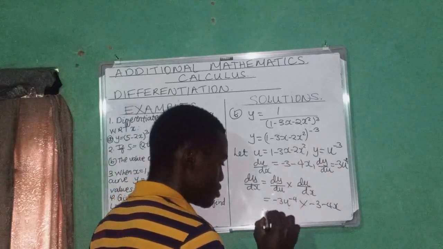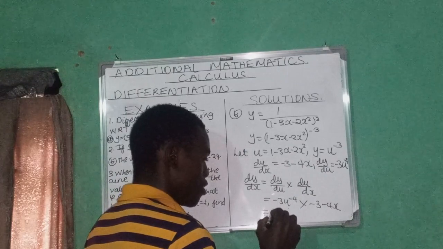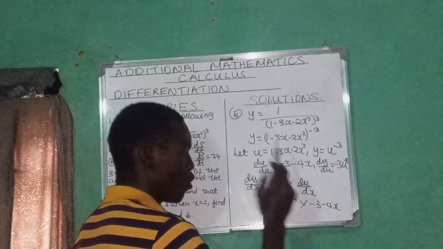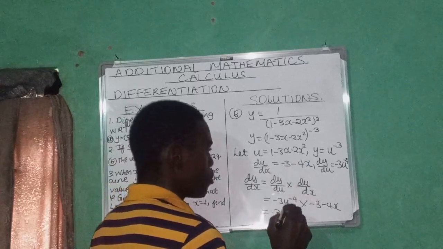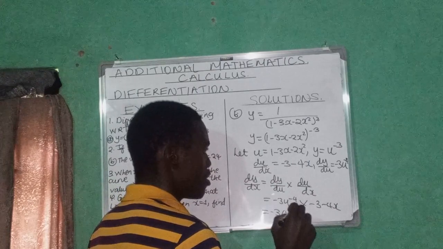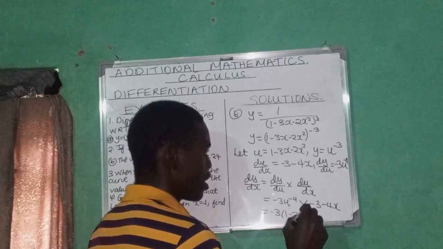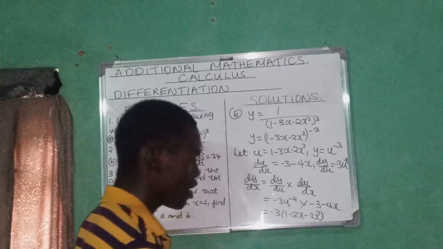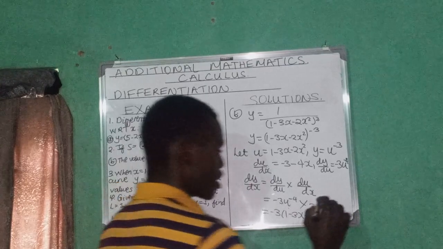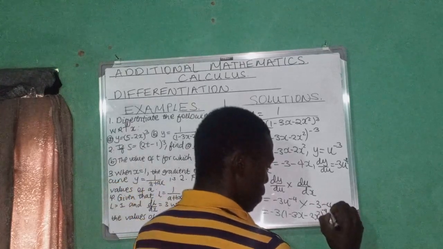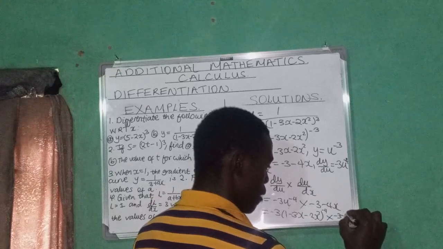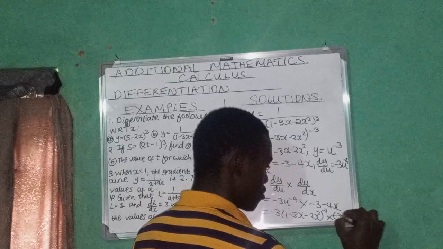So let's substitute the u, where we said let u be equal to this, so the core, substituting the core, which is 1 minus 3x minus 2x squared. In this case, it's been raised to the power negative 4. Then you multiply by negative 3 minus 4x.